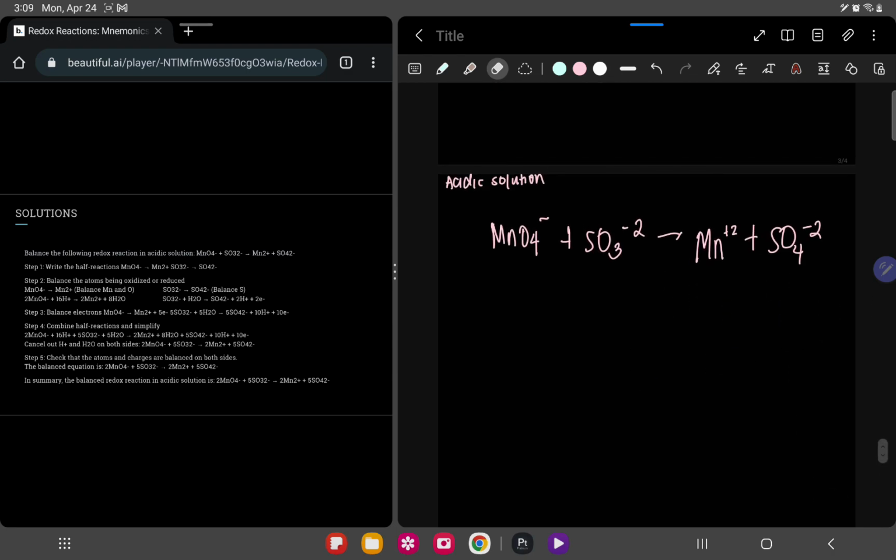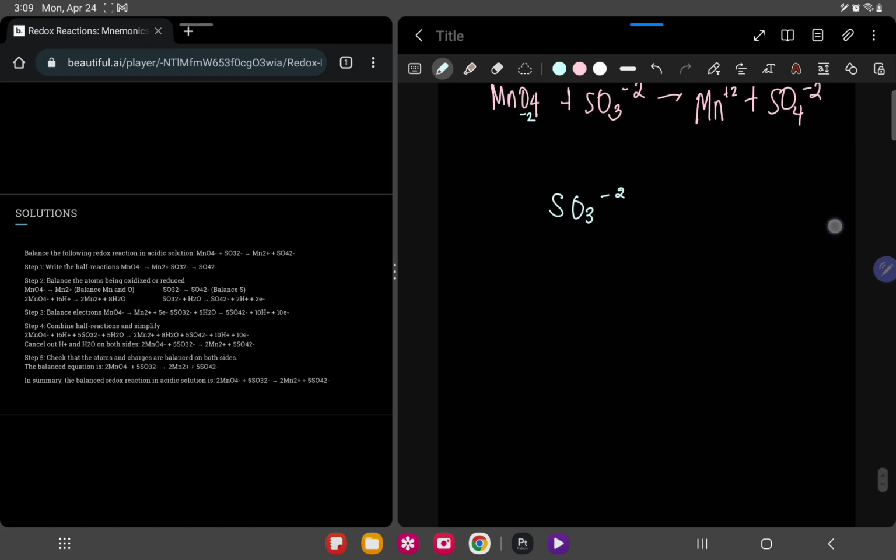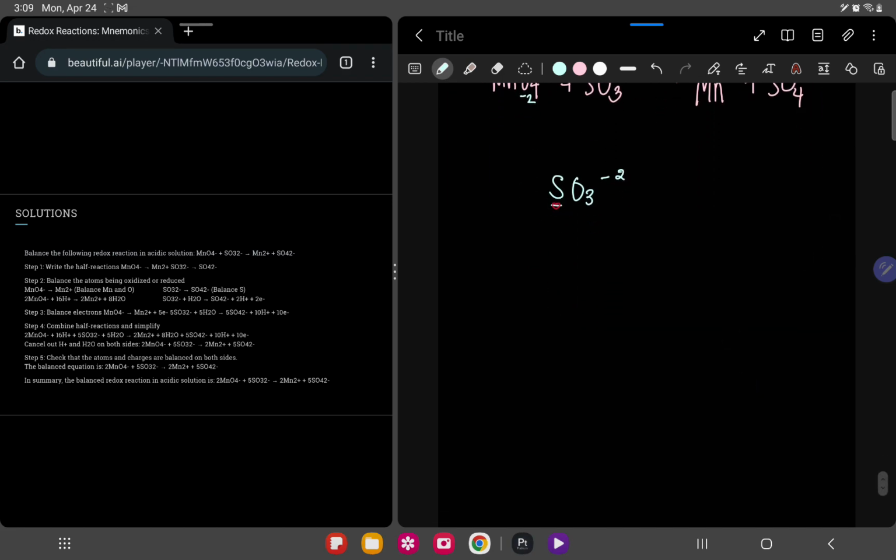This may look a bit long, but when you are accustomed to computing oxidation states, it will be much easier. So manganese is positive 7, and our oxygen is negative 2. How about sulfur trioxide, sulfite? We compute the value of sulfur, since we know that oxygen is already negative 2.